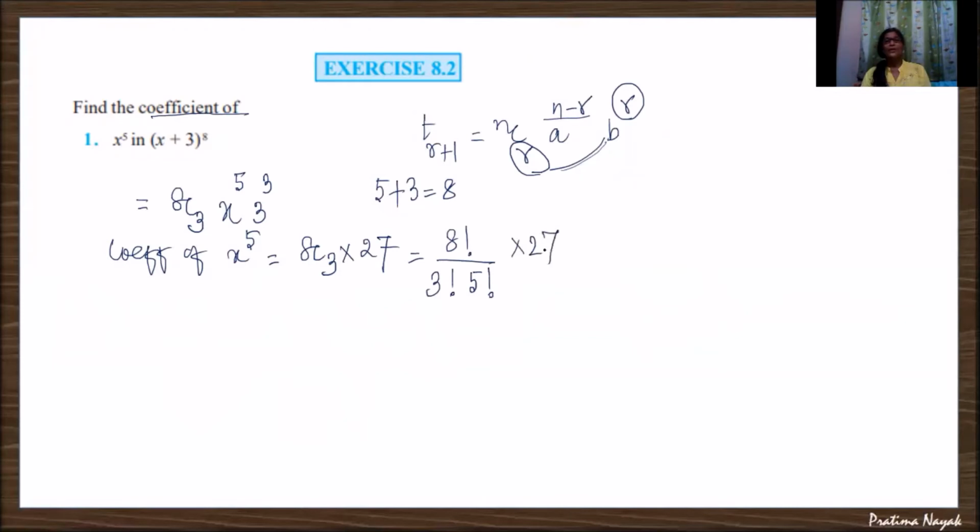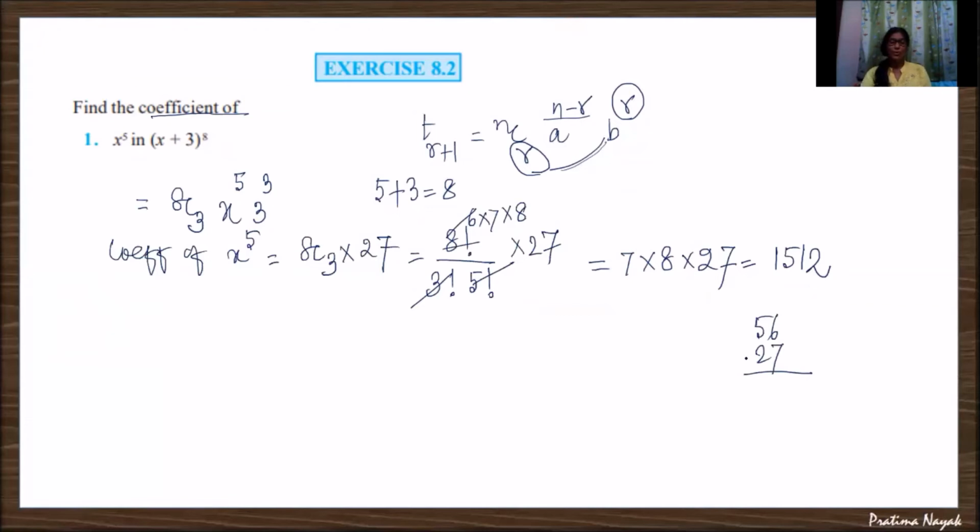So you cancel 5 factorial. It will be 6 into 7 into 8, and 3 factorial, you know, is 6. So cancel, and you are getting 7 into 8 into 27. So what is the answer? It will be 1512 if we go on multiplying. You can multiply 56 into 27.